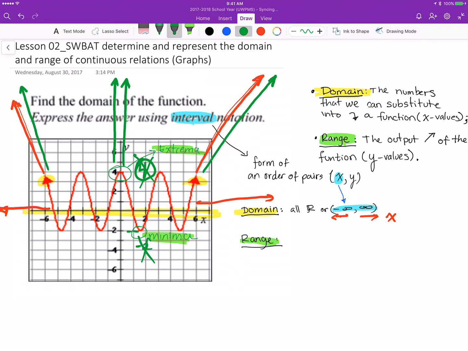But what I'm telling you is that this -2 back here was part of the range. So I can say this. This is my range. So my range goes from -2 all the way to positive infinity on my x values.